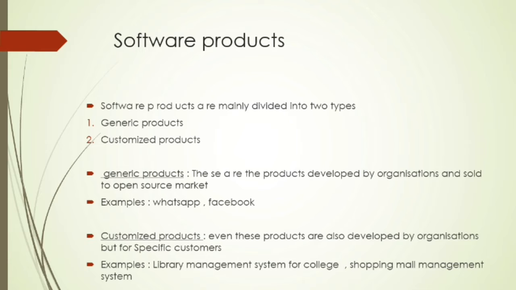He doesn't have any use for that. So they are called customized products and generic products. Generic products are used by everyone in the world, any common man can use them, whereas customized products are only useful for a certain circle of people. That's it.